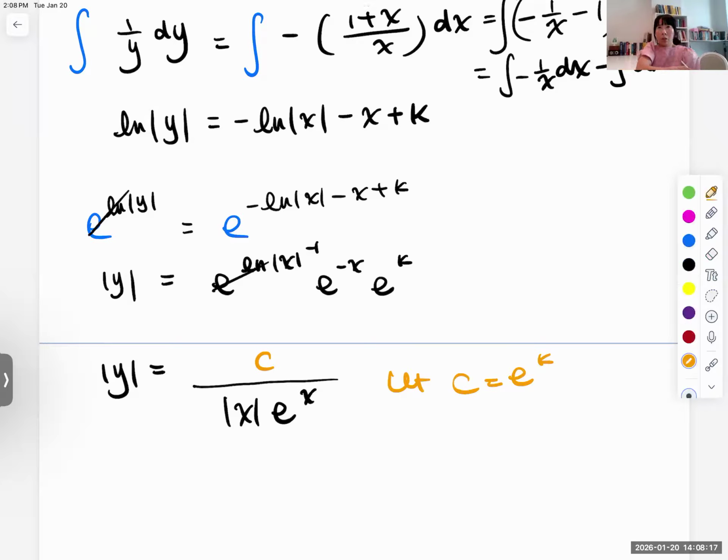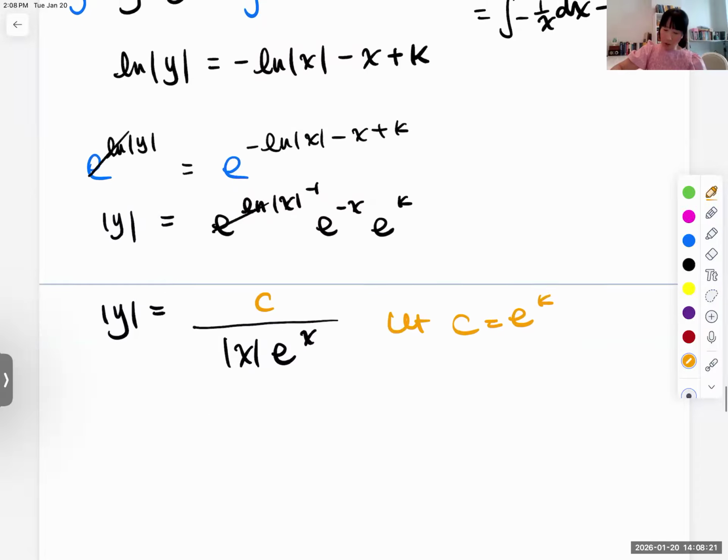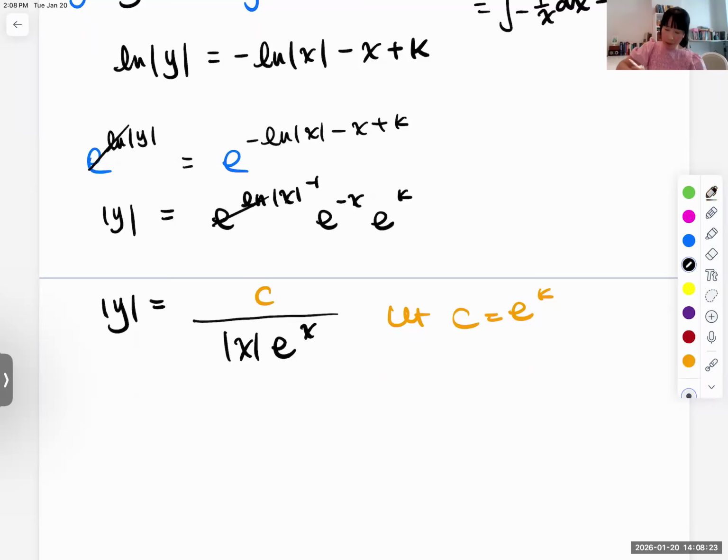All right. So we had the experience earlier. So y equals c over x times e to the x power. So it's a general solution, right?